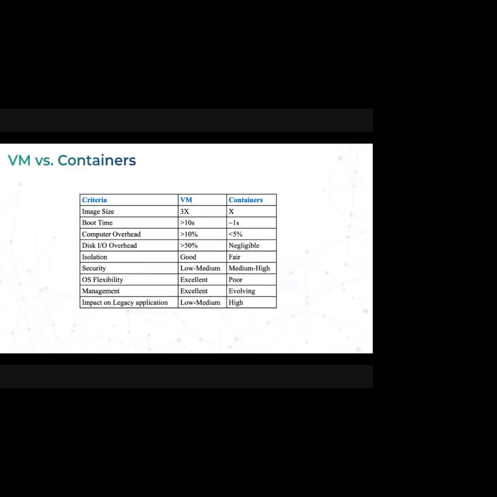In containers, the package only includes a couple of Docker libraries for networking, and mostly the heavy lifting of your business application. We cannot do anything about the business application; if it is complex, it is complex. But in the case of a VM, you have that application plus the operating system plus other OS drivers which are required. That makes it 3x of the current setup. That's a big difference.